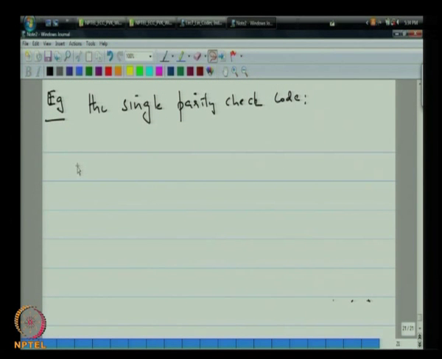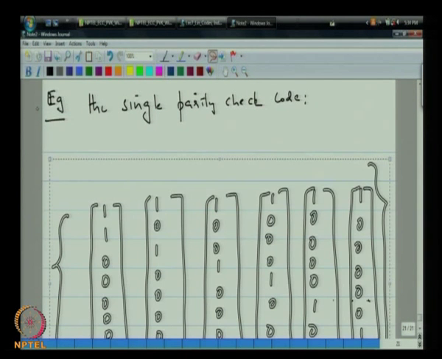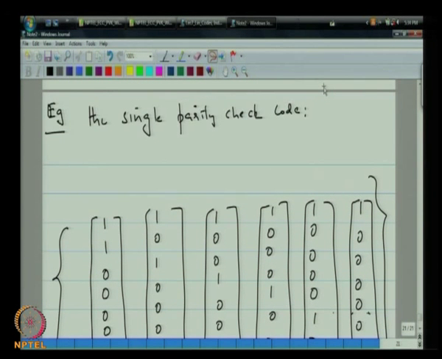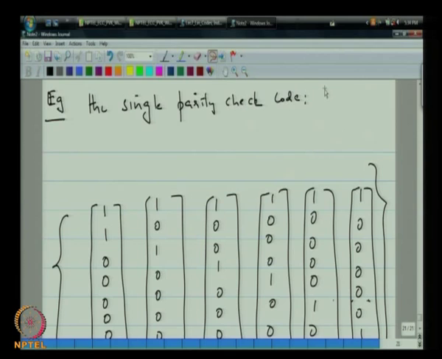Here we have these 6 vectors. Now, for the single parity check code, this is a basis for the code. Why is that?